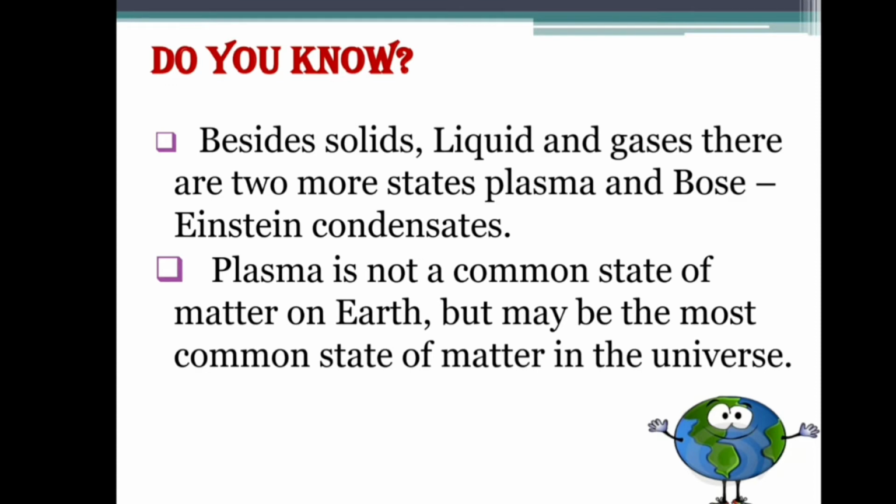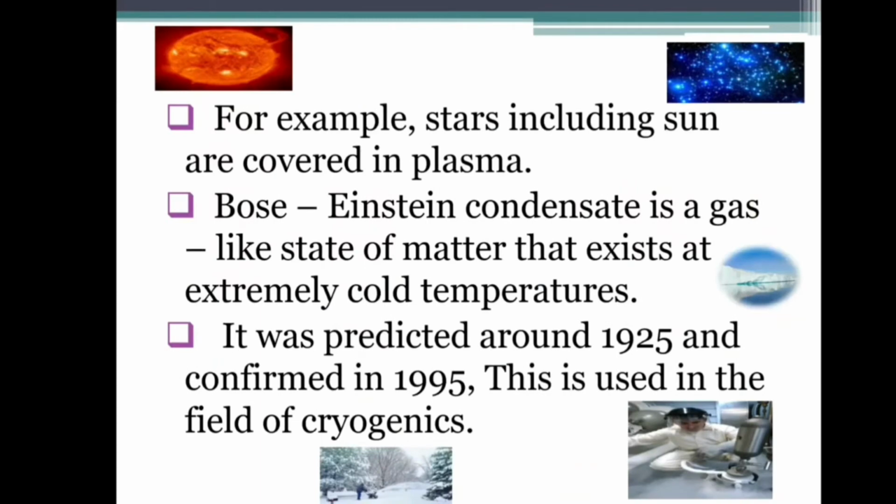Plasma is not a common state of matter on Earth, but it is the common state of matter in the universe. What is plasma? Plasma is an ionized gas. For example, stars including the Sun are covered in plasma. Bose-Einstein condensate is a gas-like state of matter that exists at extremely cold temperatures.